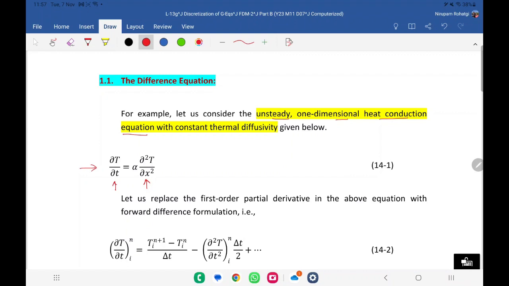Obviously we will get some algebraic terms and the terms which are remainder terms, which are truncation, higher order terms, and we will put them separately, and those terms are ignored. Again we get an equation.